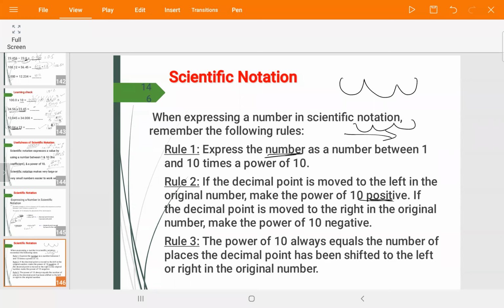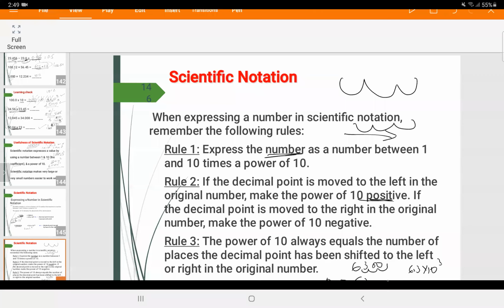The power of 10 always equals the number of places the decimal point has been shifted to the left or right in the original number. What does this mean? For example, if I take 6300 and move the decimal 1, 2, 3 places, it becomes 6.3 times 10 to the power of 3. If it is 0.0063, 1, 2, 3, it becomes 6.3 times 10 to the power of minus 3.